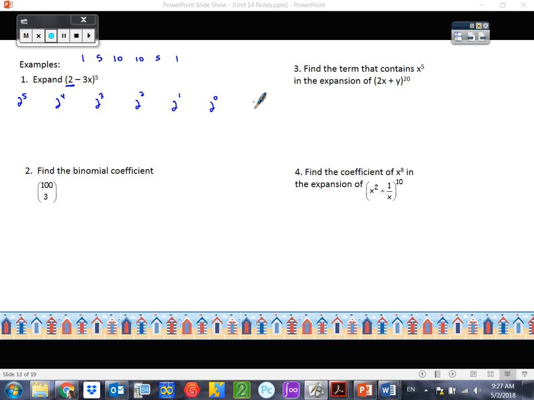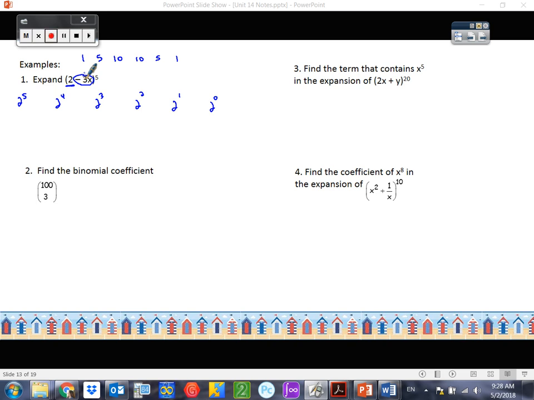Now to expand B, we need to keep a couple things in mind. B actually encompasses whatever sign is in front of it. So if there's a negative sign in front of B, that's part of B. If there's a positive sign in front of B, that's part of B. Negative is just part of it. So we're going to expand negative 3x to the different powers, and the second one we start little.